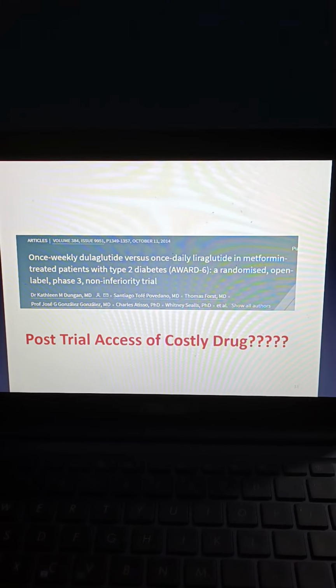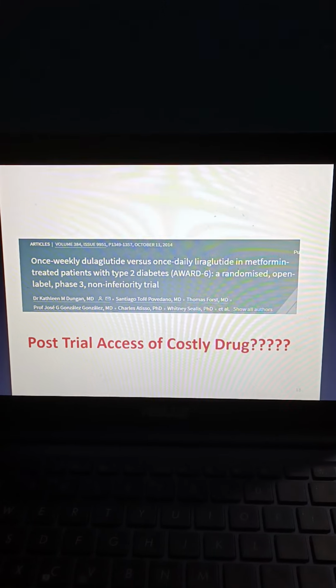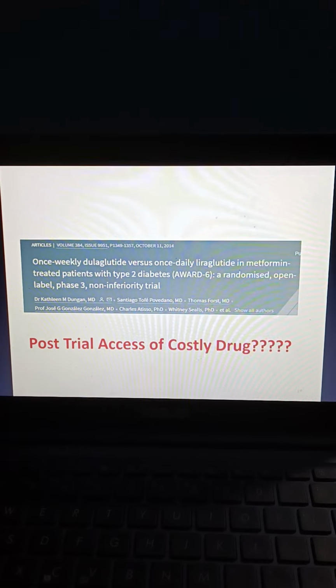So then coming to post trial access of costly drug. This is the article on the topic: once weekly dulaglutide versus once daily liraglutide in metformin treated patients with type 2 diabetes, AWARD-6, a randomized open label phase 3 non-inferiority trial.